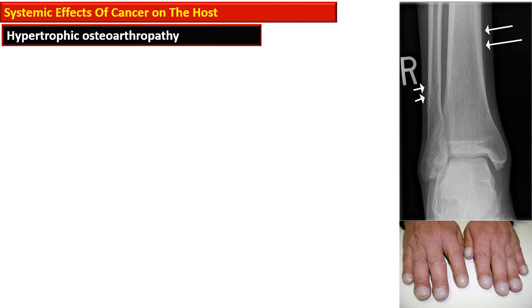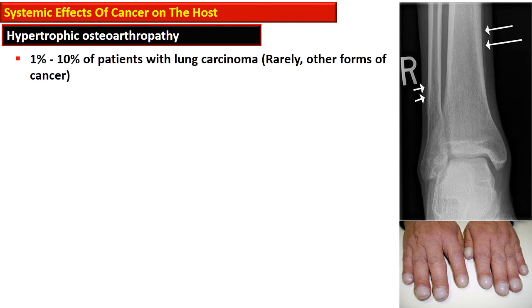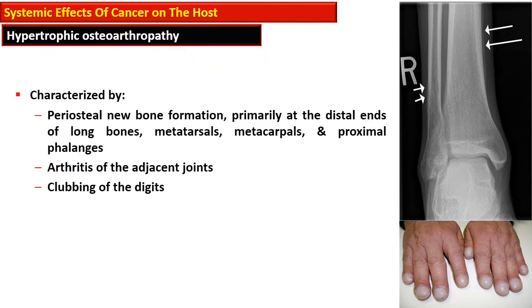Hypertrophic osteoarthropathy is another manifestation which has unknown etiology, and it affects 1 to 10% of patients with lung carcinoma, and rarely it is associated with other forms of cancer.